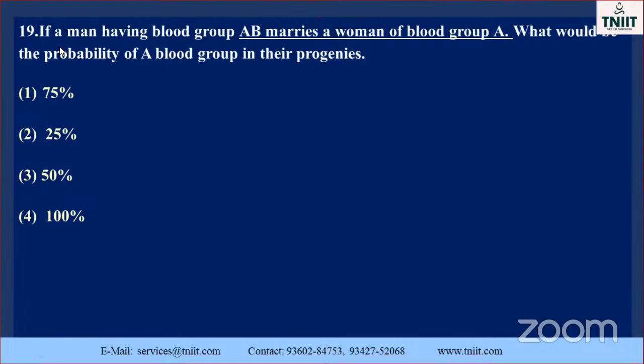Next one. If a man having blood group AB marries a woman of blood group A, what would be the probability of blood groups in their progeny?